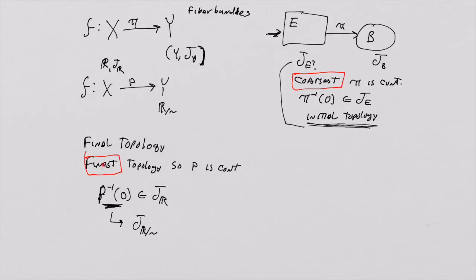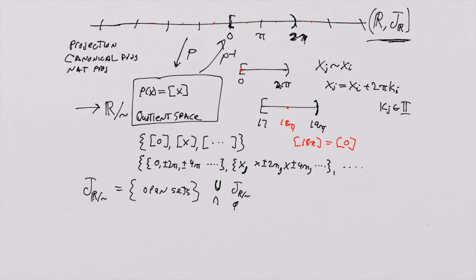So in here, being too fine hurts us, and here, I guess in both cases, being too fine hurts. Okay, so that's the distinction between the initial topology and the final topology. And we are going to actually use the final topology on our quotient space. That's the topology we're going to use to topologize that space.